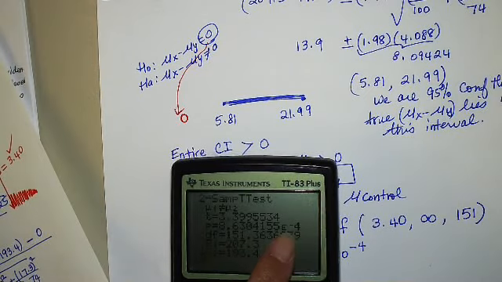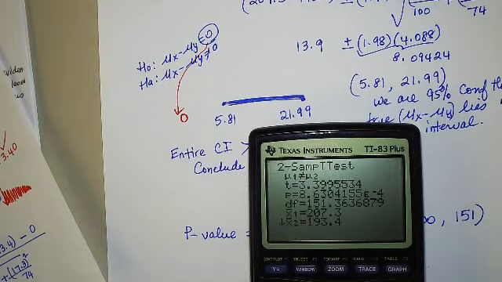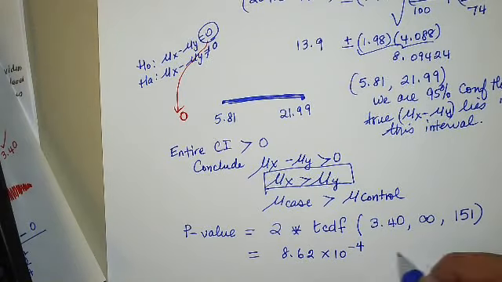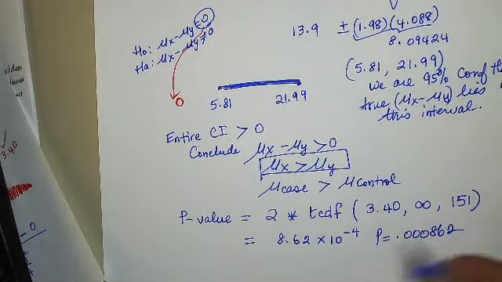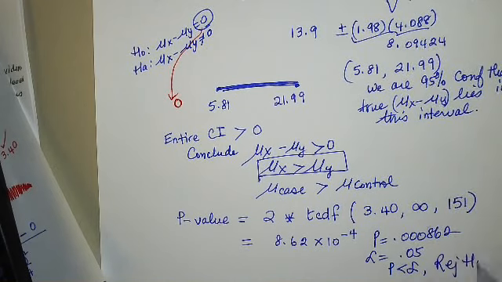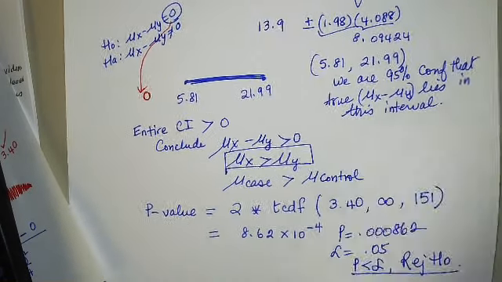Watch. Stat, test, 2 sample t-test. 8.63 times 10 to the negative 4. Same answer. So the p-value is really small.